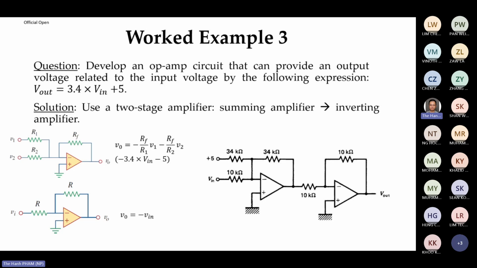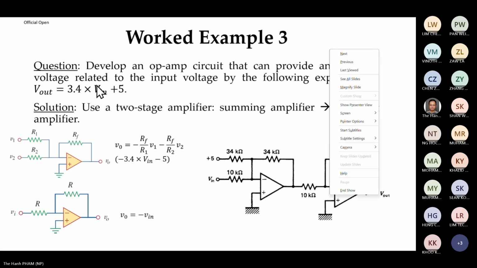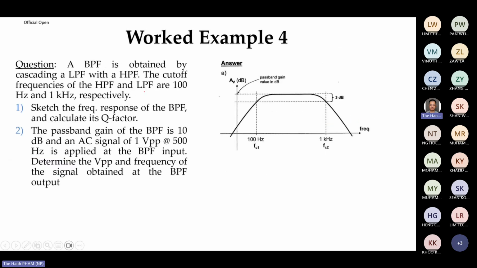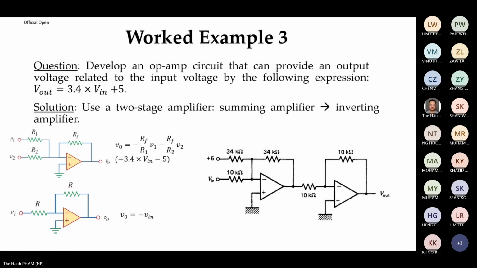Now, let's take a look at this example. This example is where you can change the range. So you want to implement a formula: VL is 3.4 Vin plus 5.